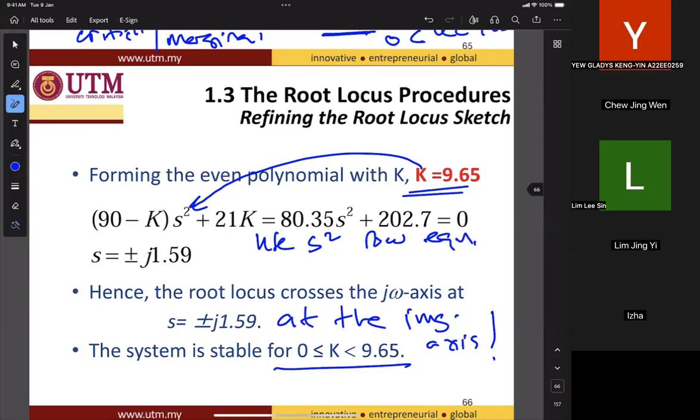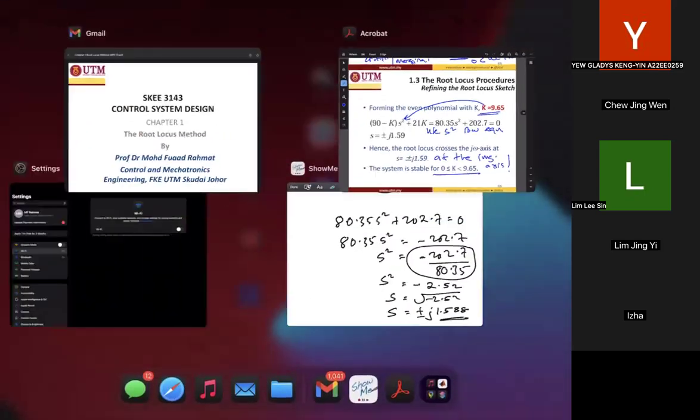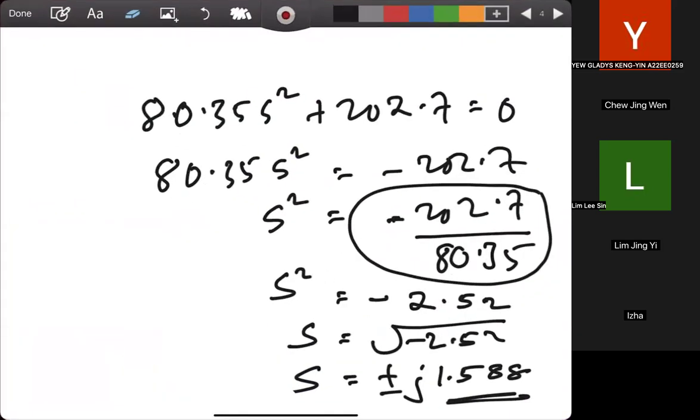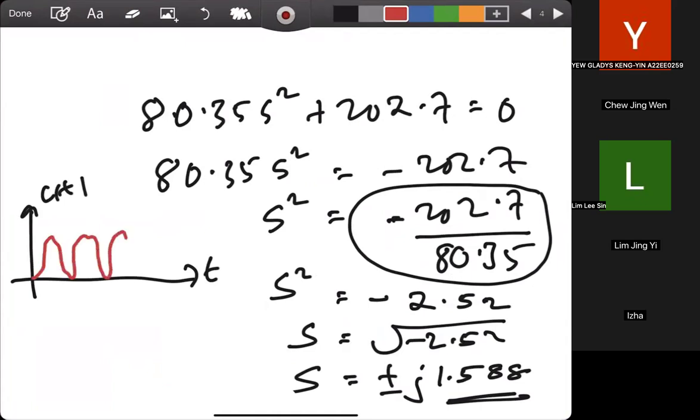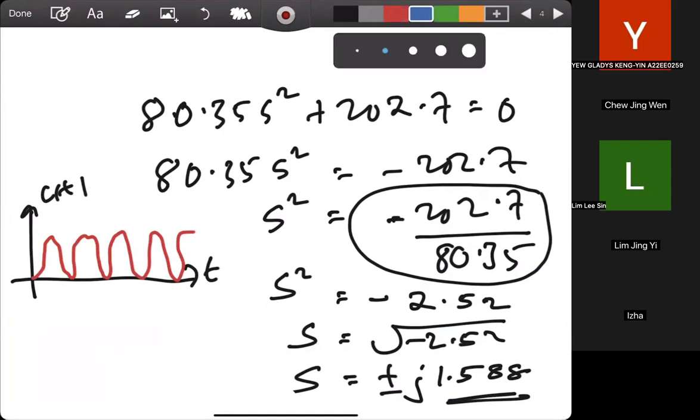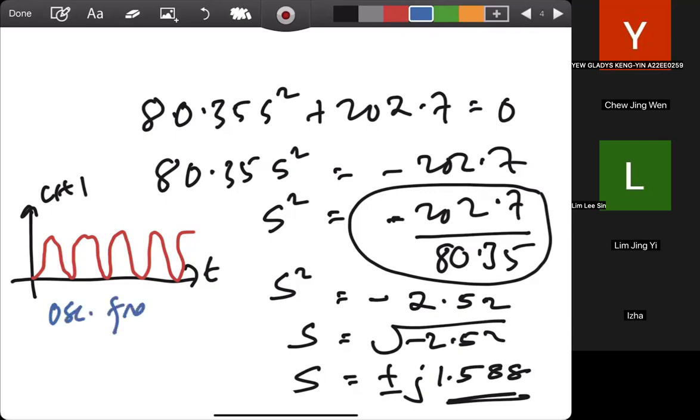And what is the value of the oscillation frequency? The time response for critical stable is oscillations. This oscillation has a frequency value, which we call the oscillation frequency, omega.